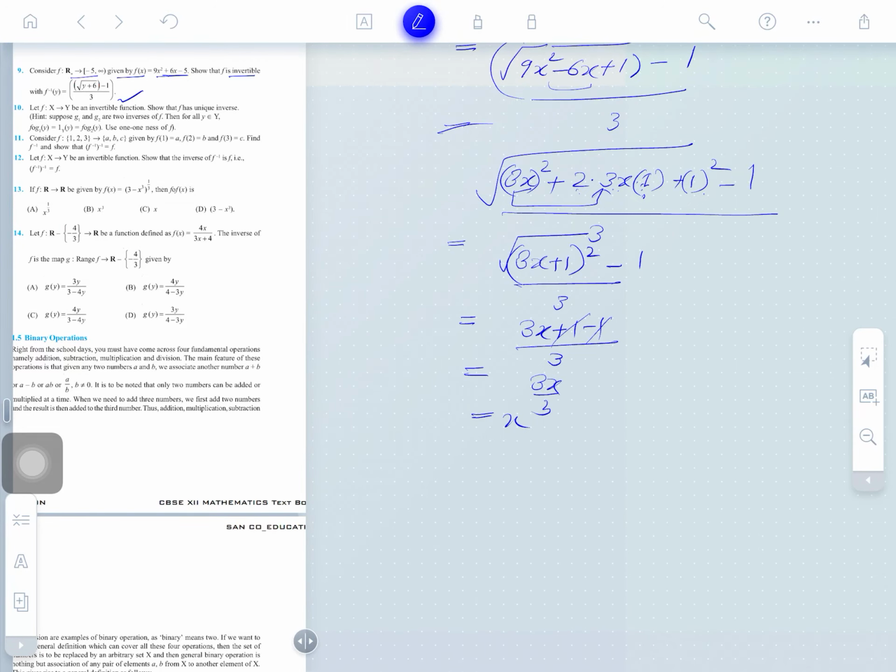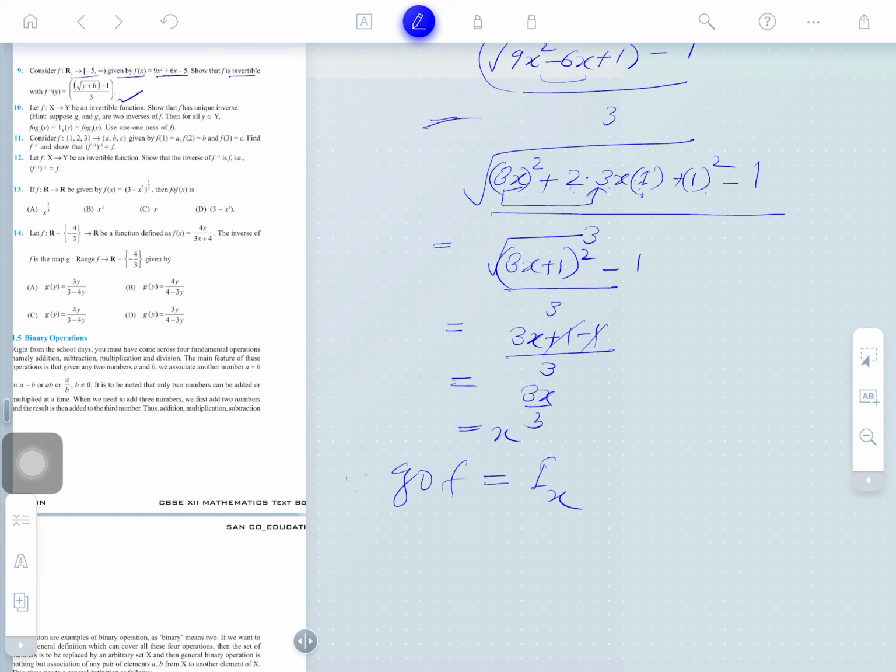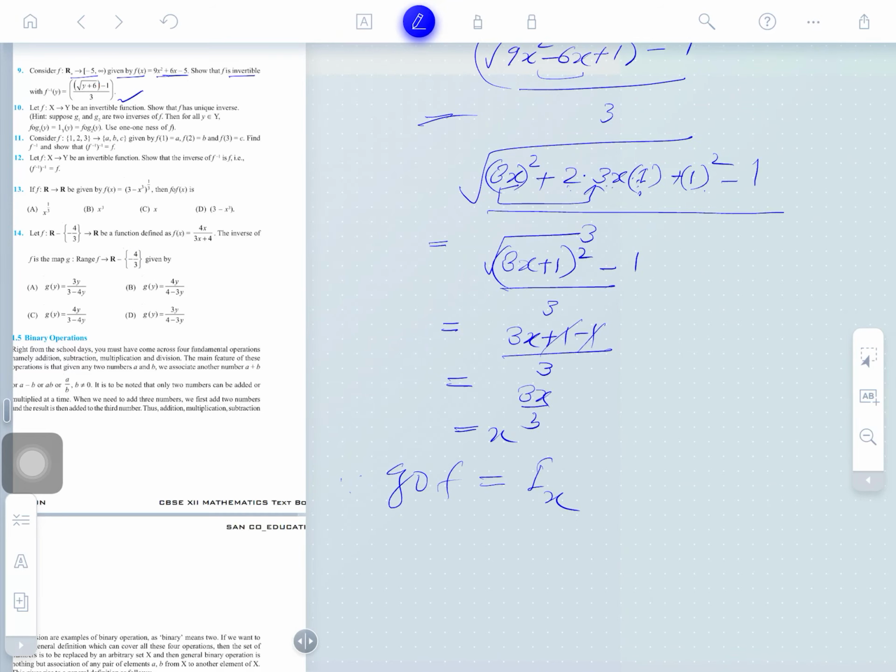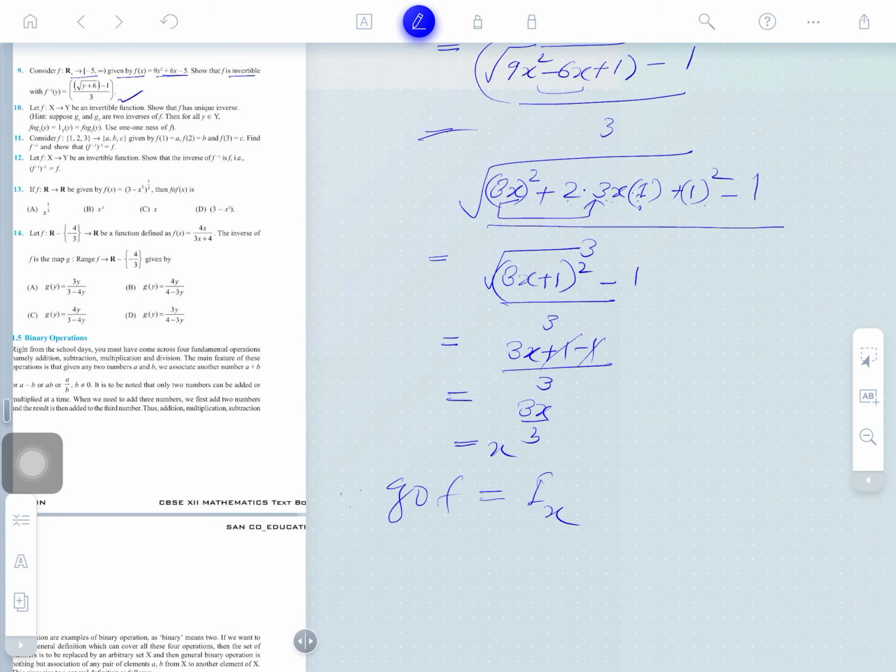So, you may just write here, g o f is equal to Ix. If we are taking the function for x, the g function for x, it is coming as identity. So, if the composition of two functions is the identity function, then the second function is the inverse of the first, right. So, what is the password of solving this question?